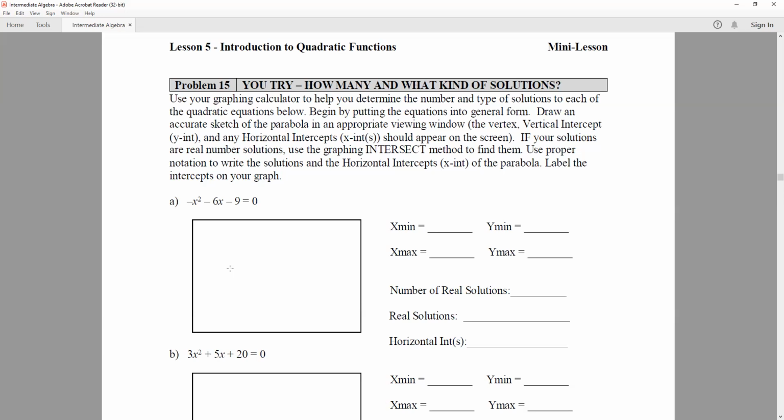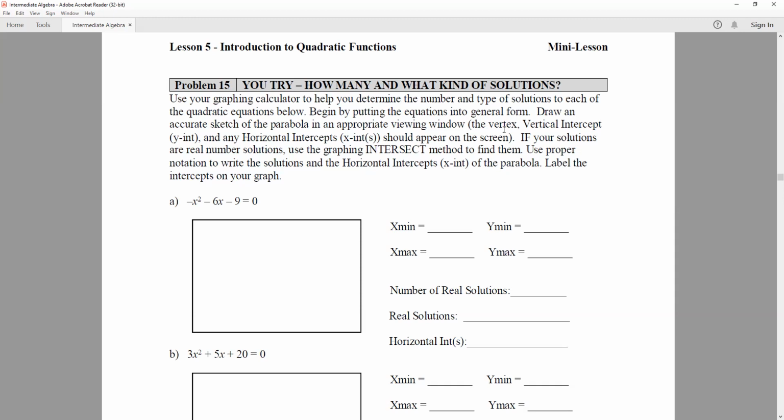It says use your graphing calculator to help you determine the number and type of solutions to each of the quadratic equations below. All right. Begin by putting the equations into general form. Draw an accurate sketch of the parabola in an appropriate viewing window.